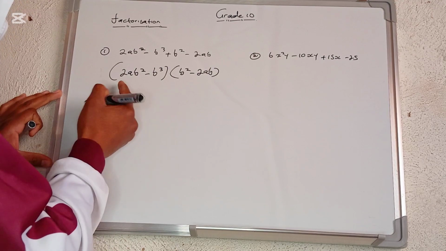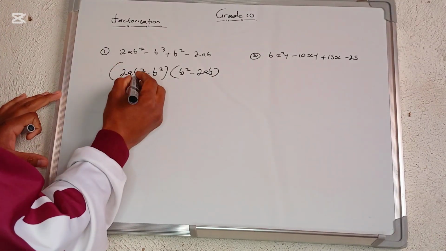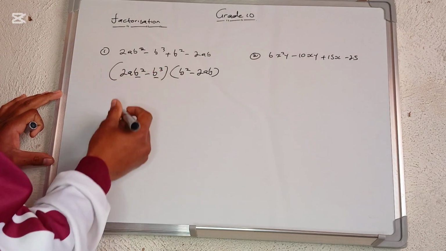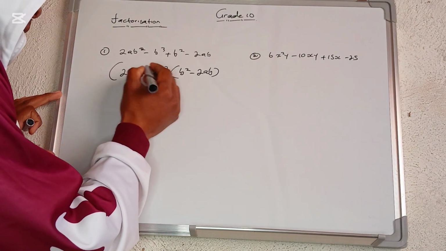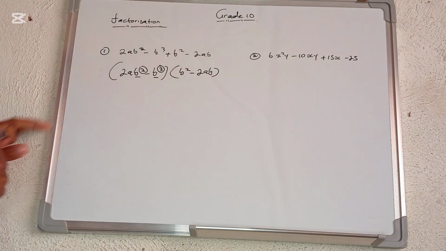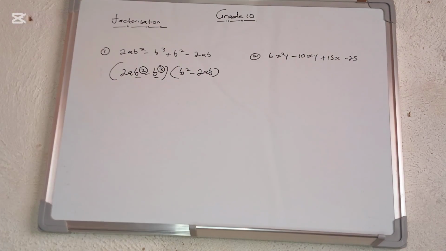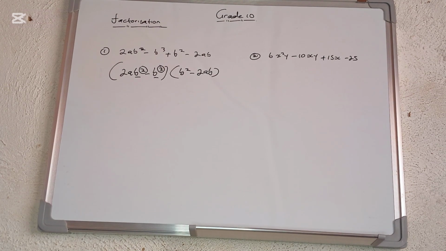Taking out the common factor, our common factor here is b, but this b has exponents. We know that 1 can enter into 2 and 3, and 2 can enter into 2 but cannot enter into 3, but it can be subtracted.